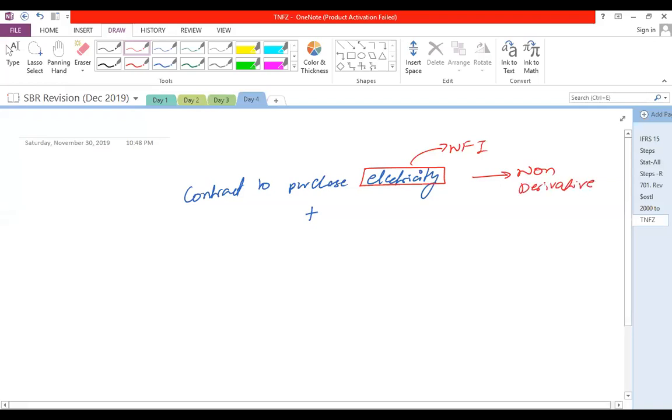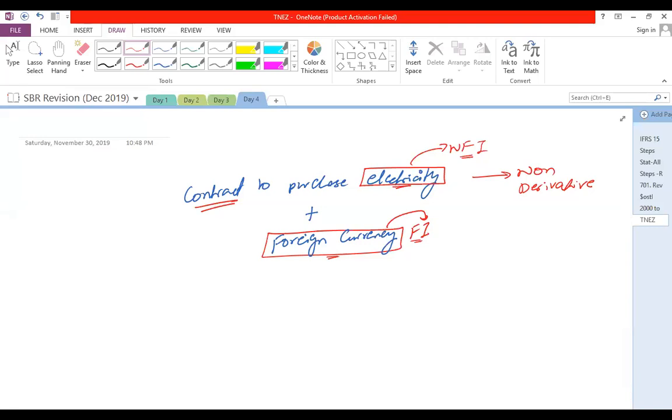But if I go further, this contract is in a foreign currency. Foreign currency is a financial instrument. So this is a contract where we are purchasing electricity, which is a non-financial instrument, but in a foreign currency, which is a financial instrument. So it's a contract with both the elements, a non-financial and a financial.